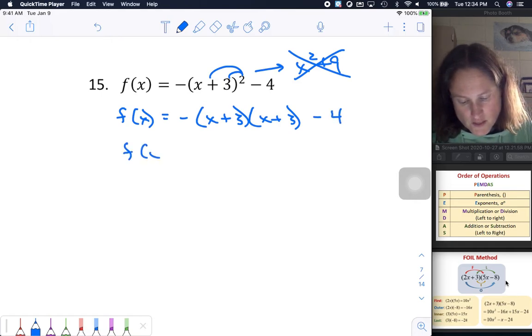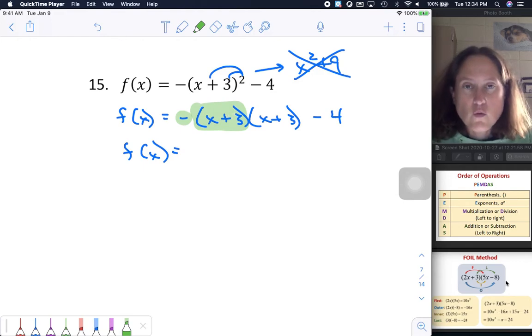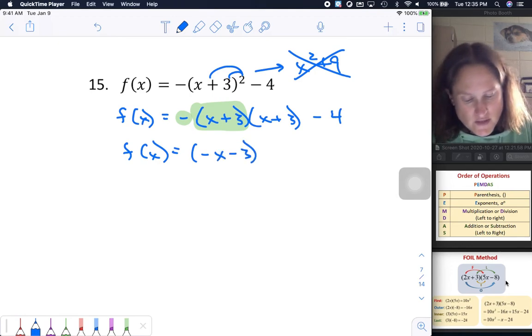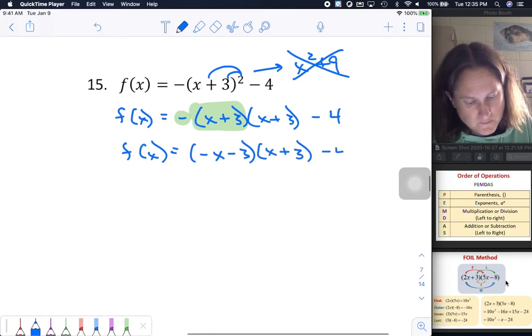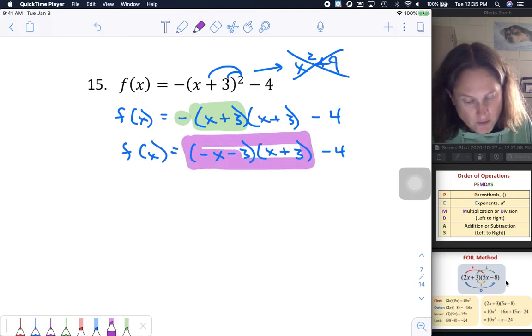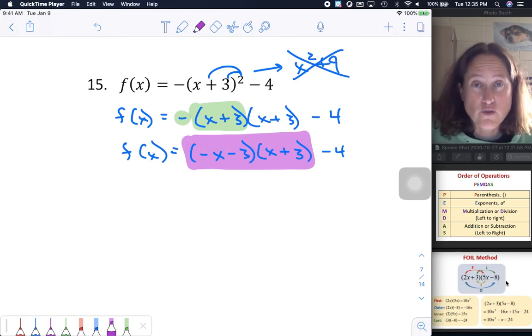So first things first, I'm going to take this negative and I'm going to multiply it times what's inside the first parentheses. So I end up getting negative x minus 3, still has to stay in parentheses because now I'm multiplying it times x plus 3. However you want to go ahead and do the multiplication, because we multiply before we subtract.